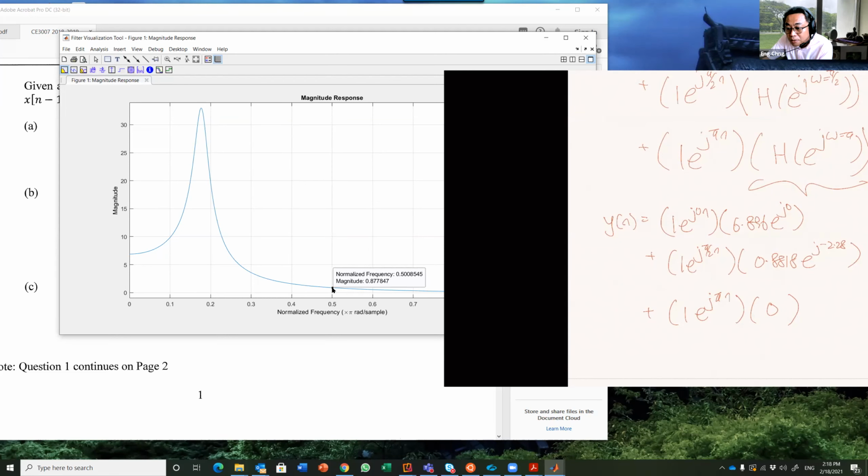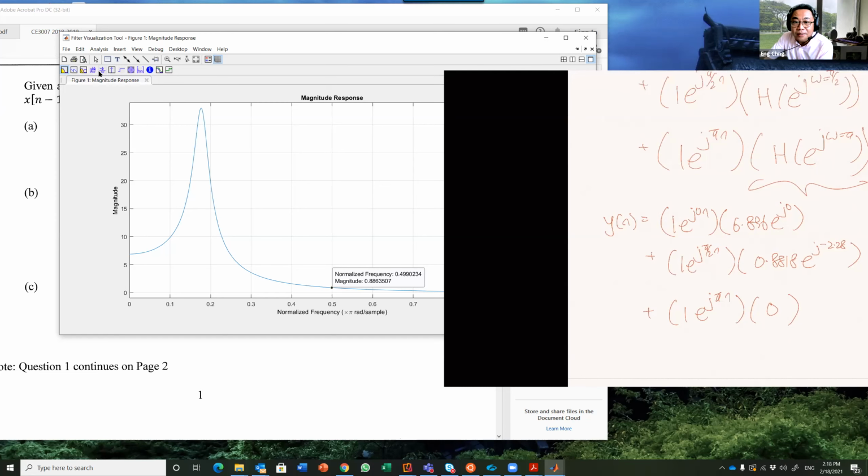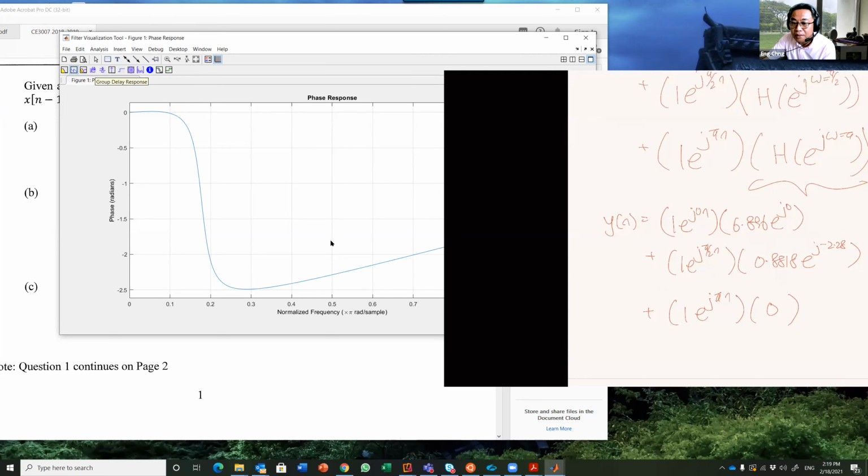You guys see the picture, right? It's about 0.87, 0.88. So my calculation is not so off. What about minus 2.28? Where is it? Go to the phase. You guys are watching my screen, right? Okay, the phase is here.